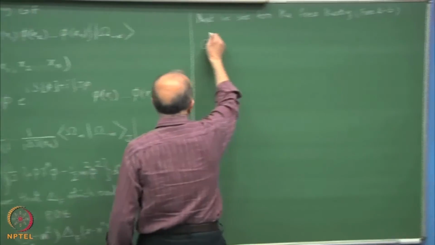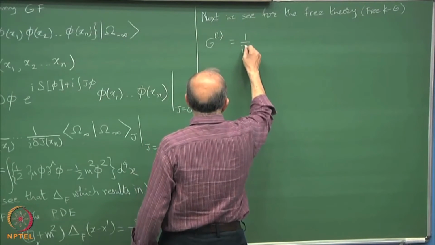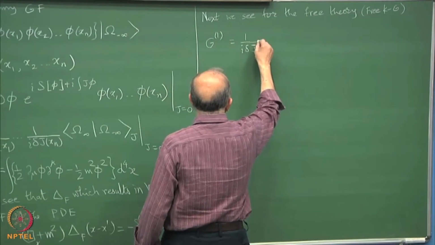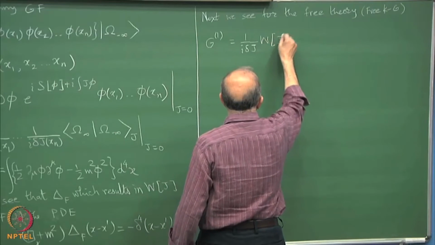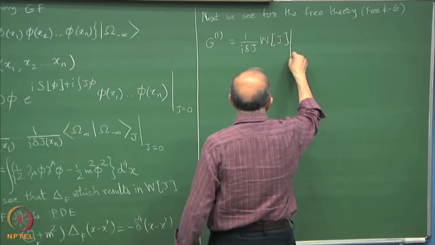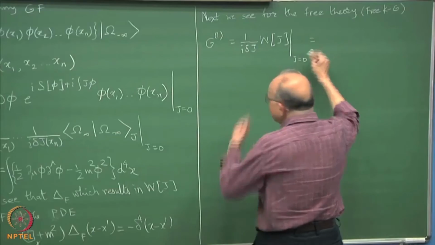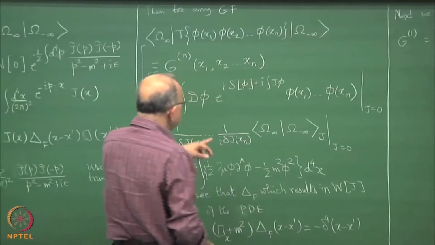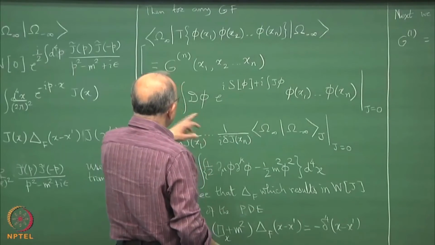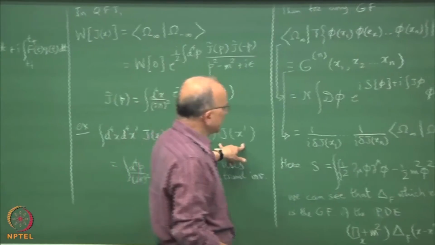Because if I vary, G1 will be equal to 1 over i d by dj of this W of j, evaluated at j equal to 0, but that will bring down, when I vary with respect to j, I am left with a delta and a j, right?